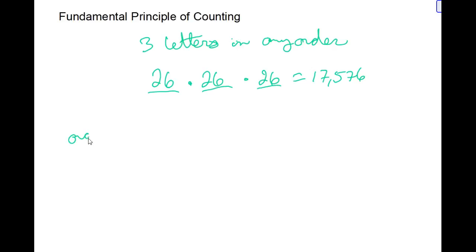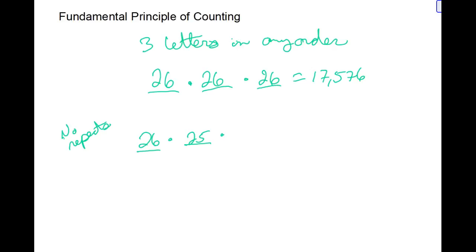If order matters, or not necessarily order matters, but the letters cannot repeat, no repeats, then the first one can have 26 different possibilities. Since I used one letter, the second one can only have 25 possibilities.